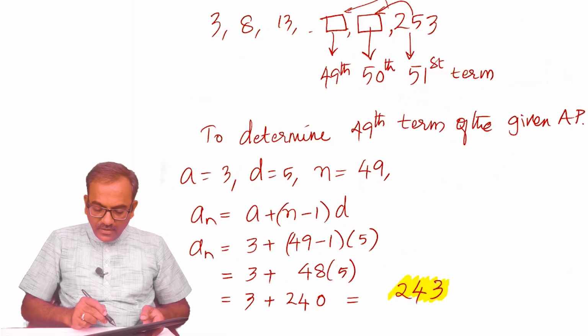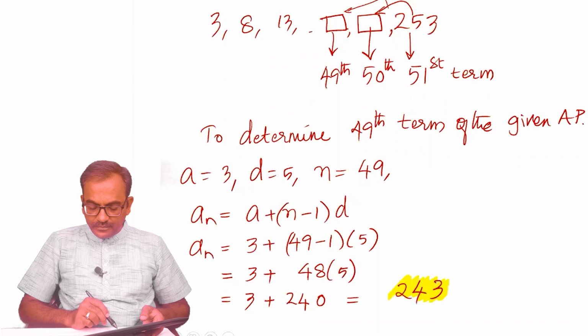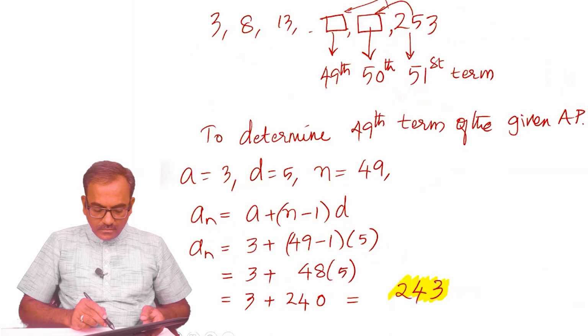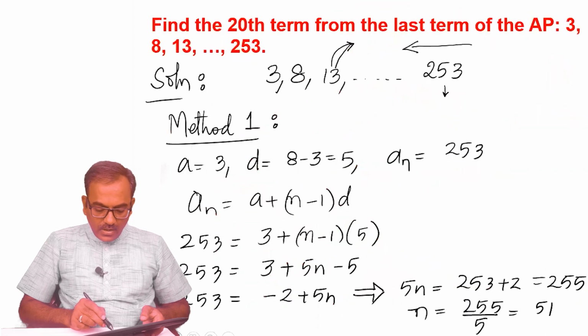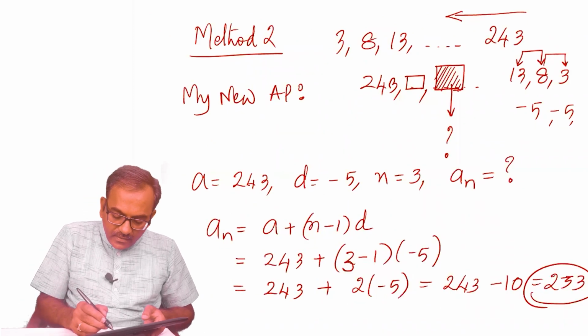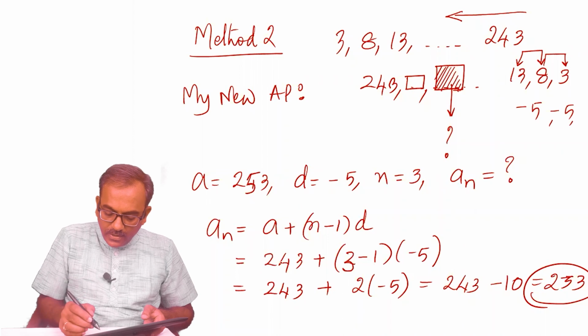What is it that we got in the previous case? I'm sorry, it is 253 in the problem.